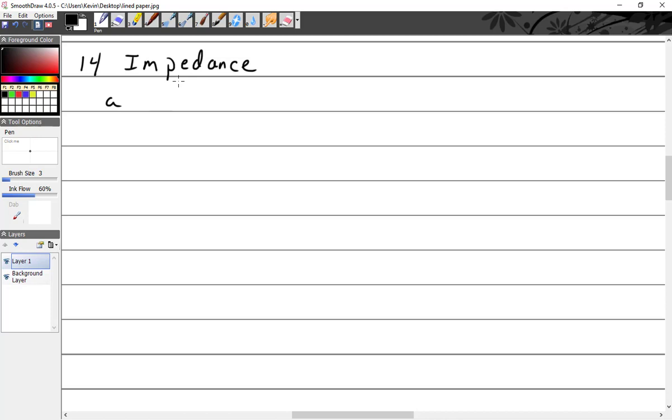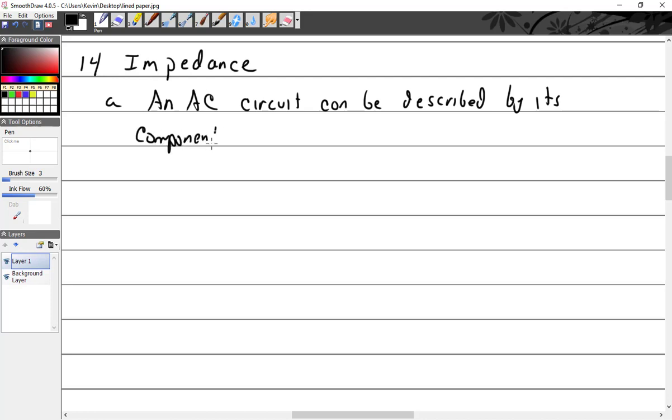And the things we need to know here before we get to that: an AC circuit can be described by its components. So if it's purely resistive, which means it only has what? Resistors. Only has resistors, then you just say it's an R circuit, resistive.